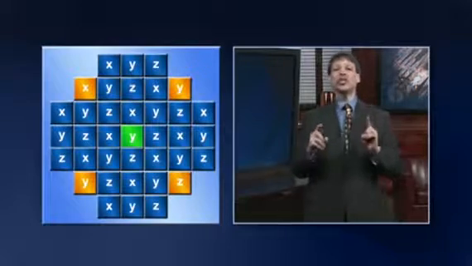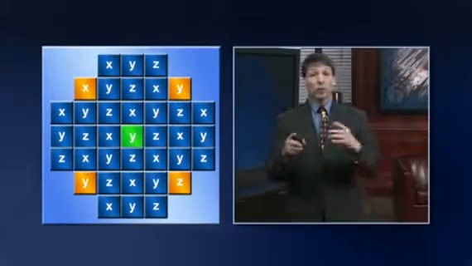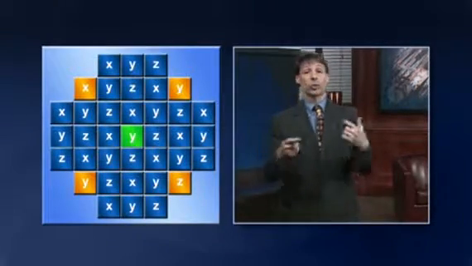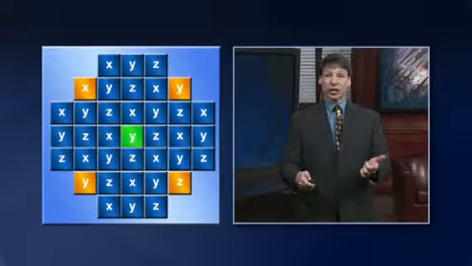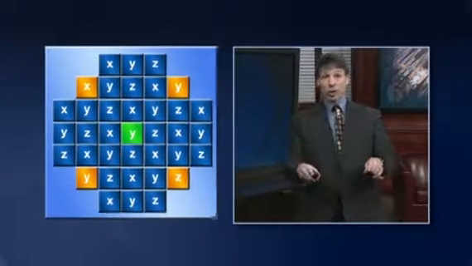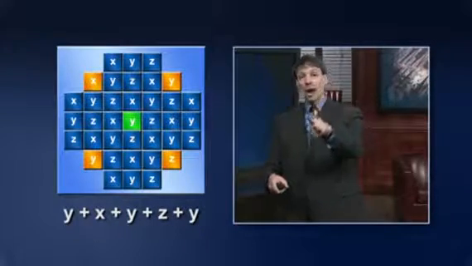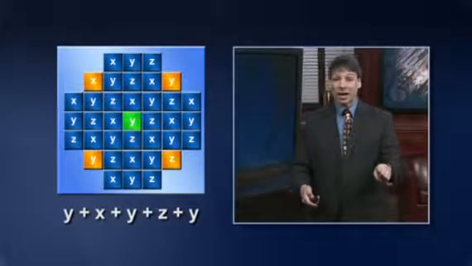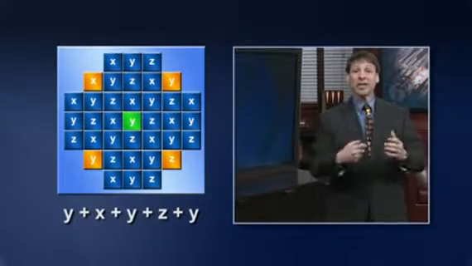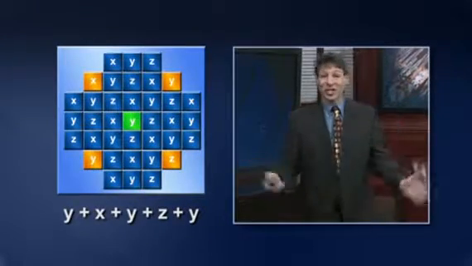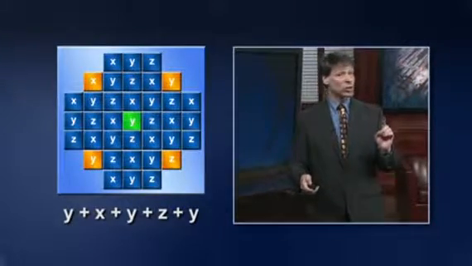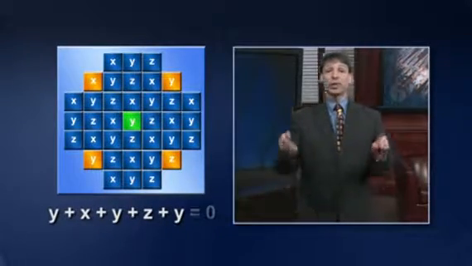So what is the new signature? Well, previously the signature was Y, so the new signature, which has these 4 new squares on it, would be Y plus X plus Y plus Z plus Y. And since Y plus Y is 0 and X plus Y plus Z is 0, the signature of the new board is simply 0.